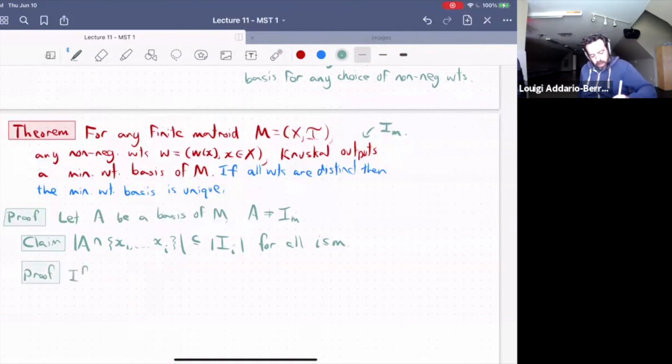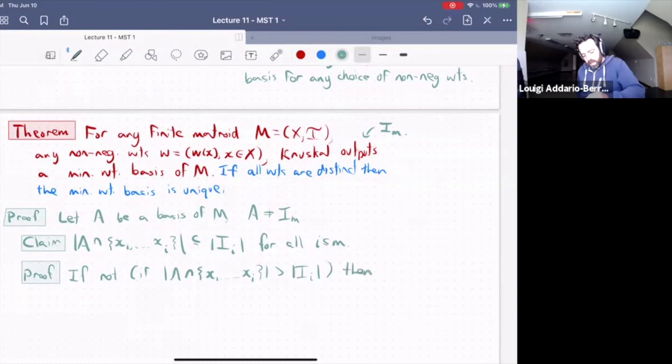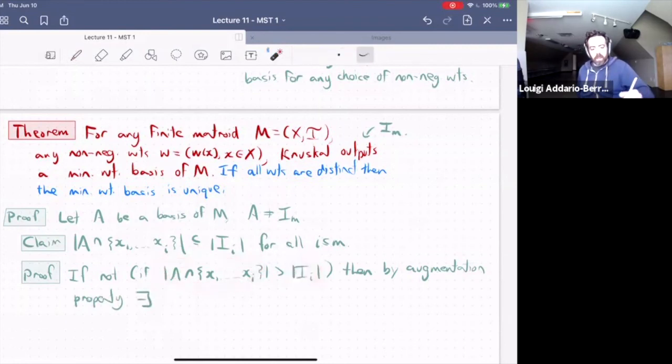So if not, that is to say, if A has more elements among x1 up to xi than I sub i does, then by the augmentation property, that means we can add some element of the set on the left to the set on the right and get a bigger independent set.